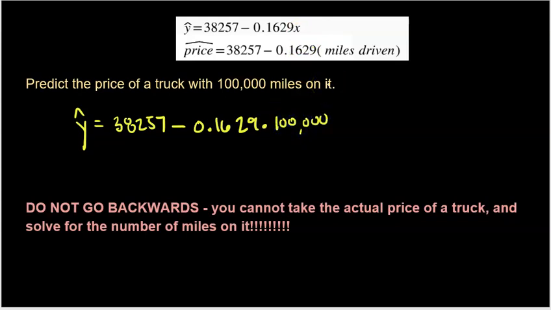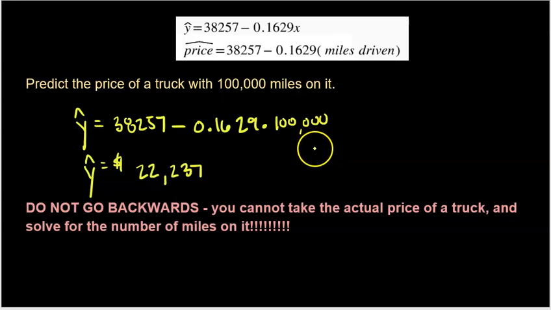All right, now I'm just going to go to my calculator, and I could type this in all at once, right? It's not very complicated. 38257 minus 0.1629 times 100,000. And I get $22,237 as the predicted price. Don't say anything that would allude to you believing that this is the actual price of a truck with 100,000 miles.